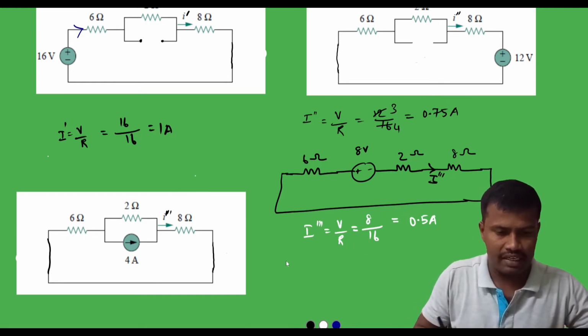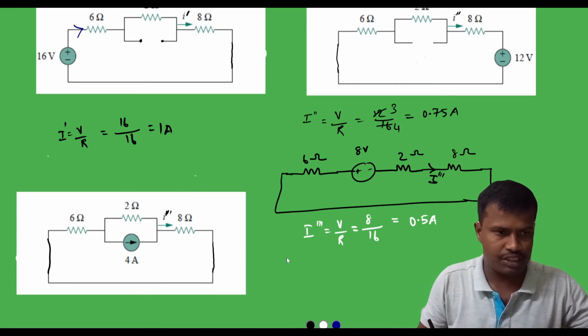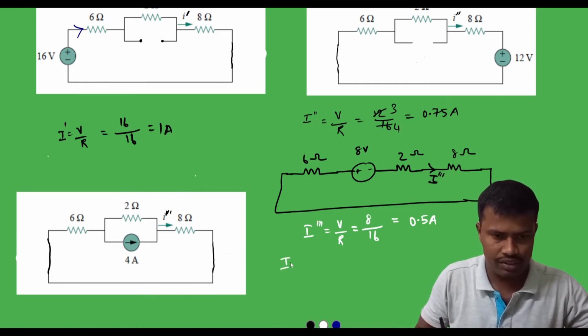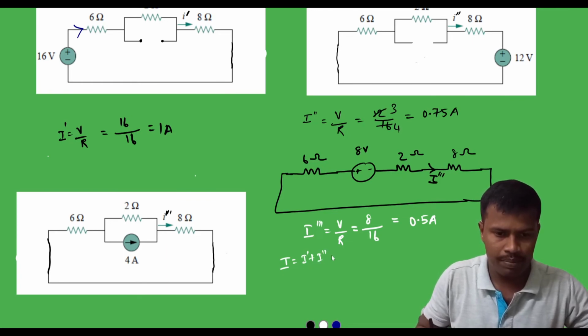Now we can calculate the value of I by doing the algebraic sum of the individual source effects. So I is equal to I prime plus I double prime plus I triple prime.